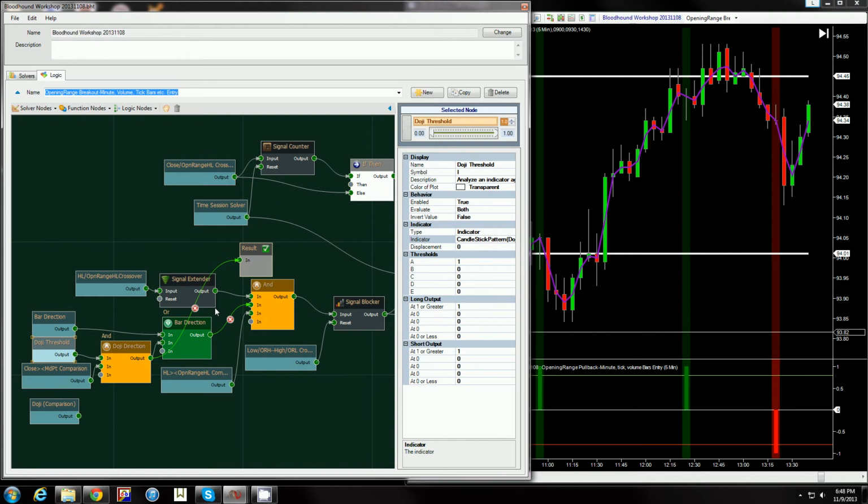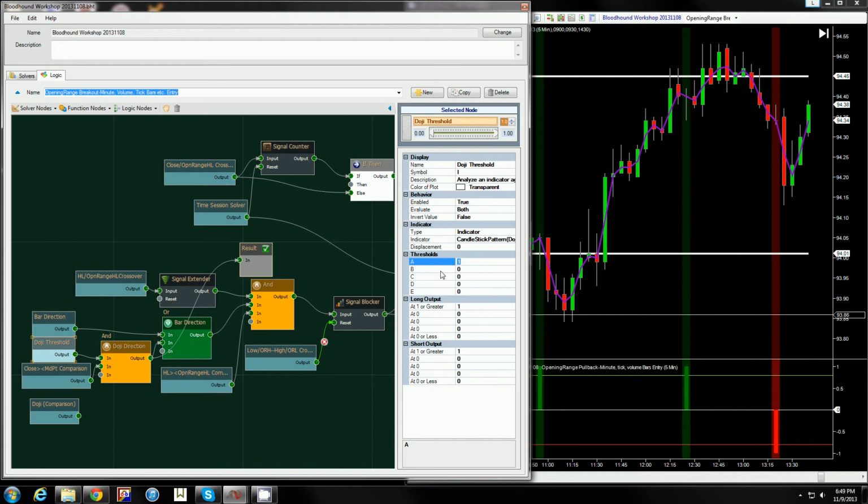So 1, 2, 3, 4, 5. Sometimes they start with 0, 1, 2, 3, 4, 5, 6, 7, 8, 9, 10. So all we know is that the doji is giving an output greater than 1, and that's all we need to know. So we just put 1, and you can go and look up the threshold solver, find out more about it.